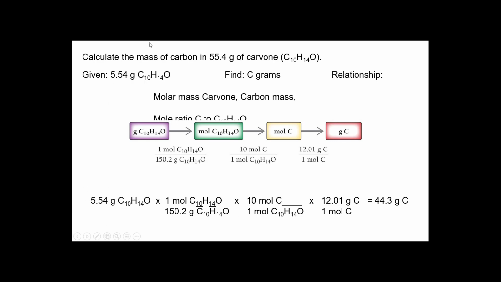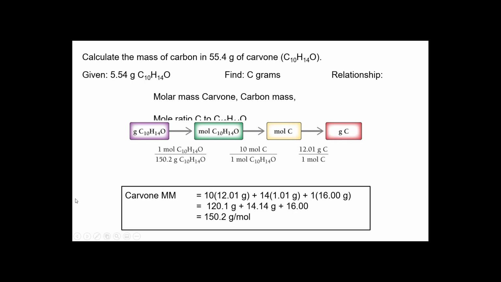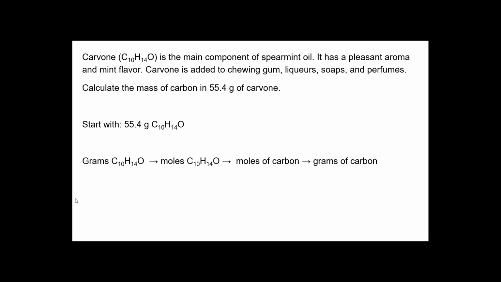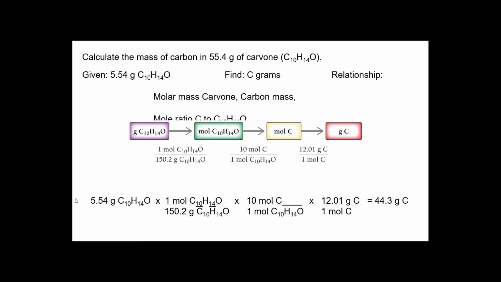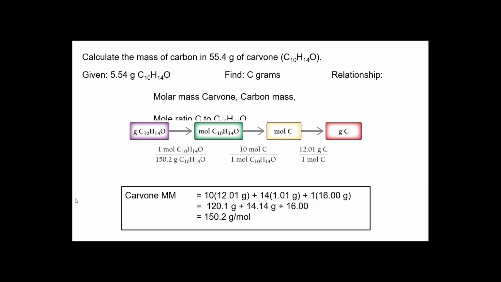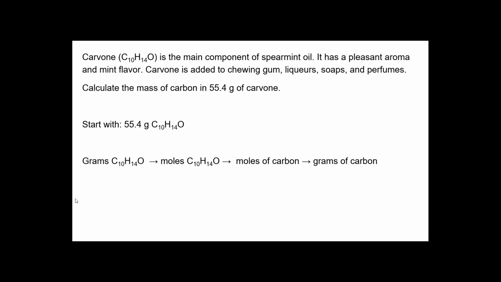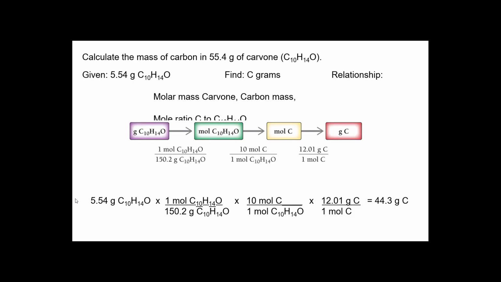Please make a note that this is not right. It's correct on the first slide, 55.4 grams. I always find things after I've run through them. So 44.3 grams of carbon is made up out of this 55.4 grams of the sample. But hopefully, even with that mistake, you see what I'm trying to say. And that's it.